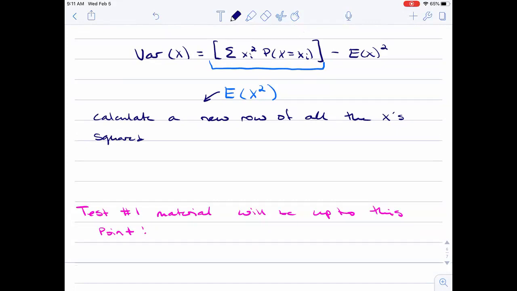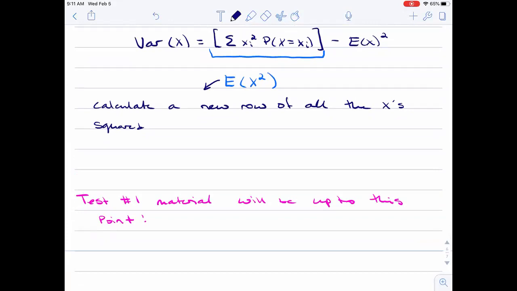So all your x's squared, then find the expected value.